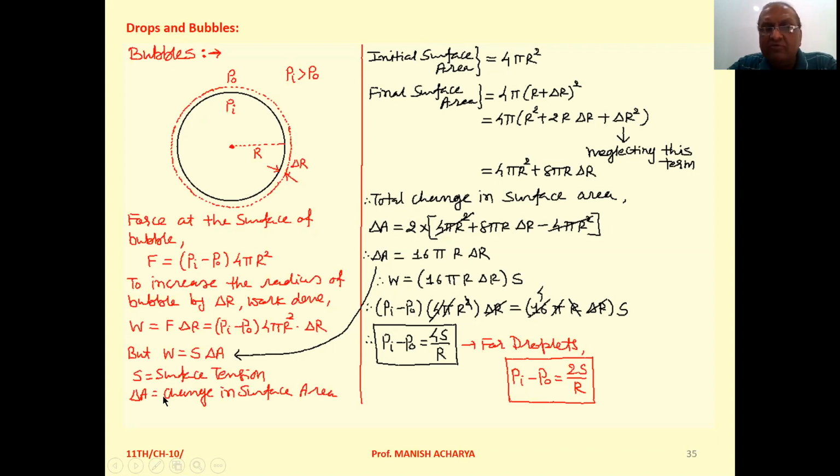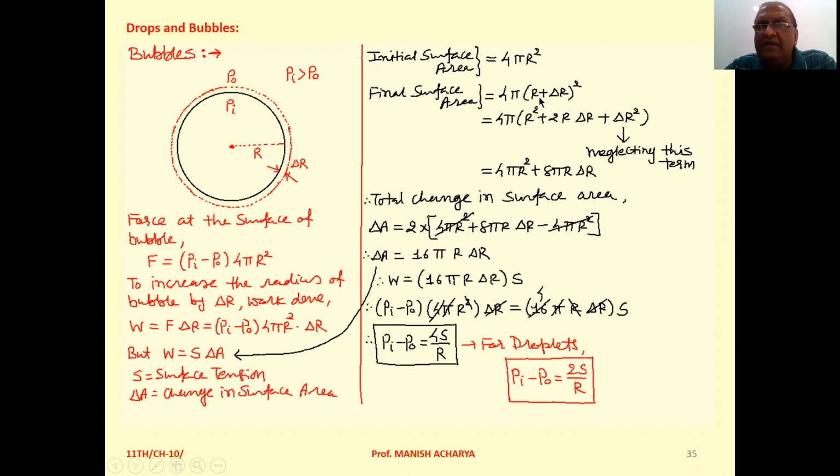But here we have to calculate delta A, the change in surface area. So initially the radius of this bubble was r. So the initial surface area is 4 pi r square. Then the final surface area is 4 pi, now the new radius is r plus delta r, so square of it.